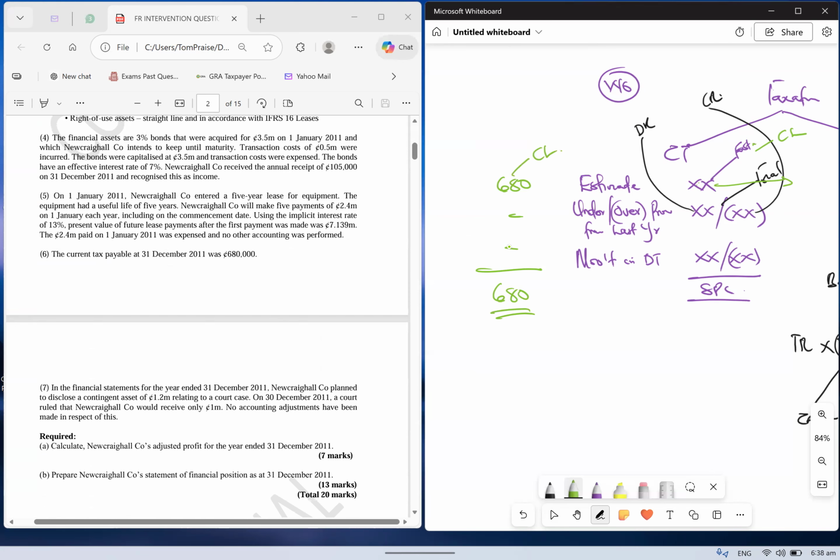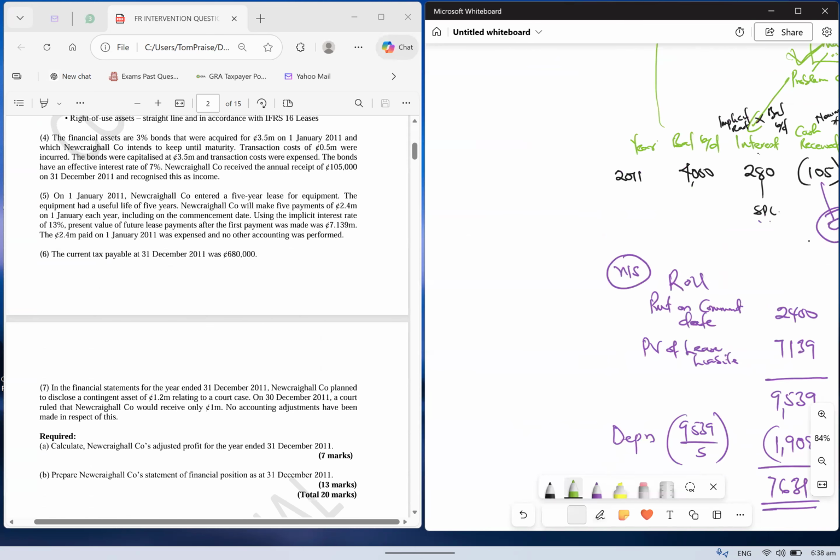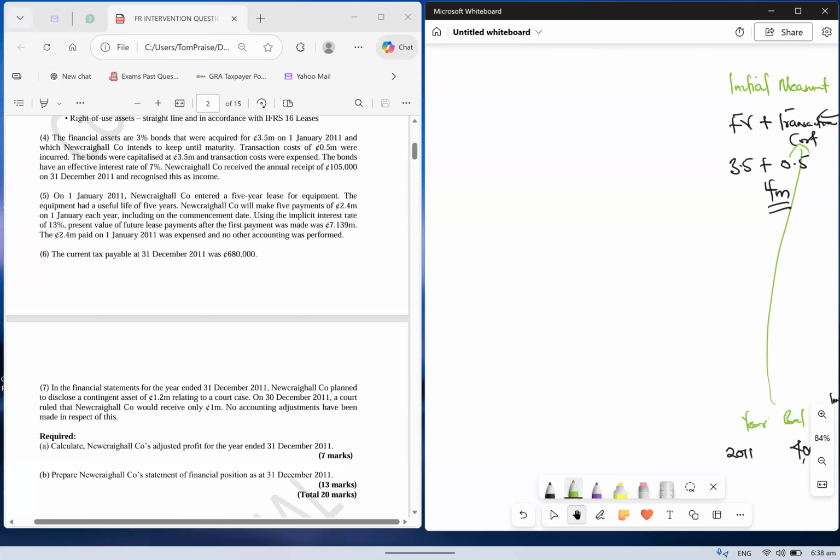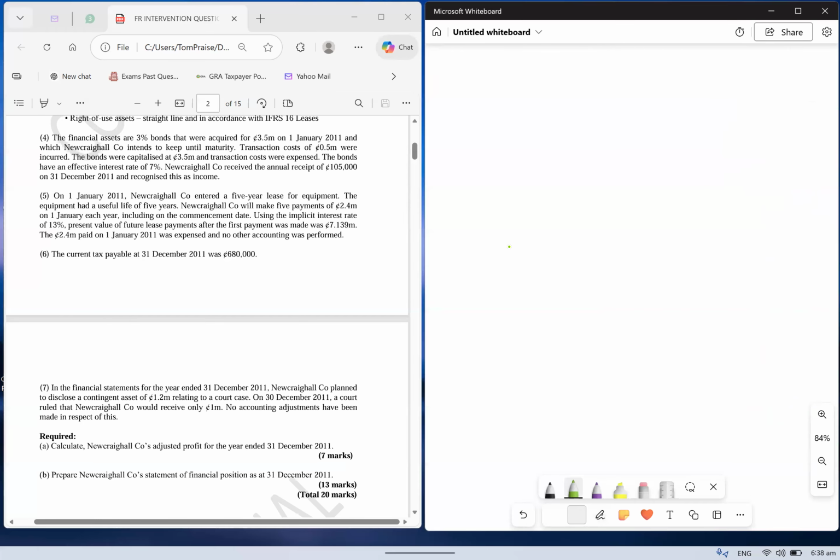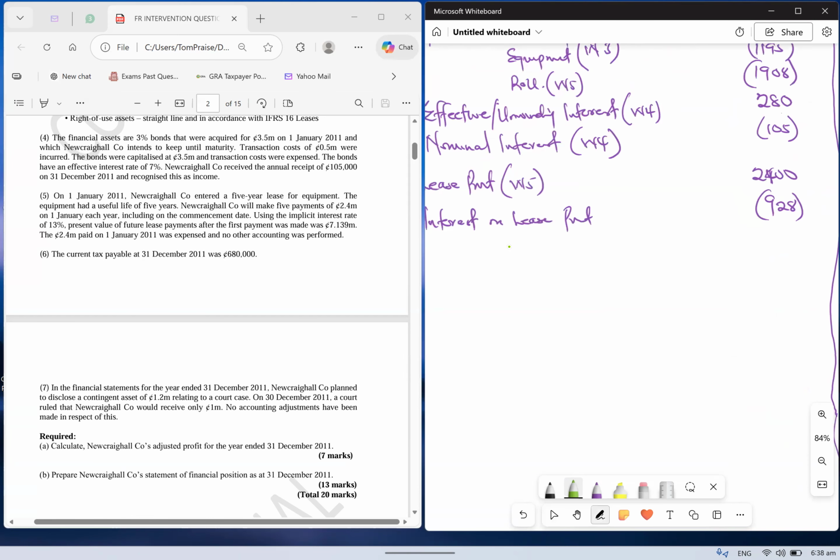And that same 680 is the tax in our SPL. So when you go there, you tax it. So let's tax. We need to pay tax of 680.